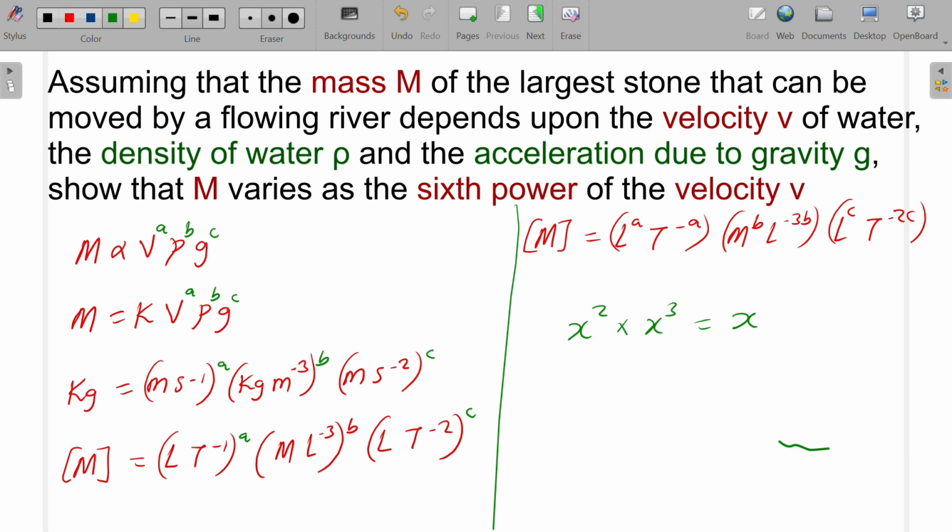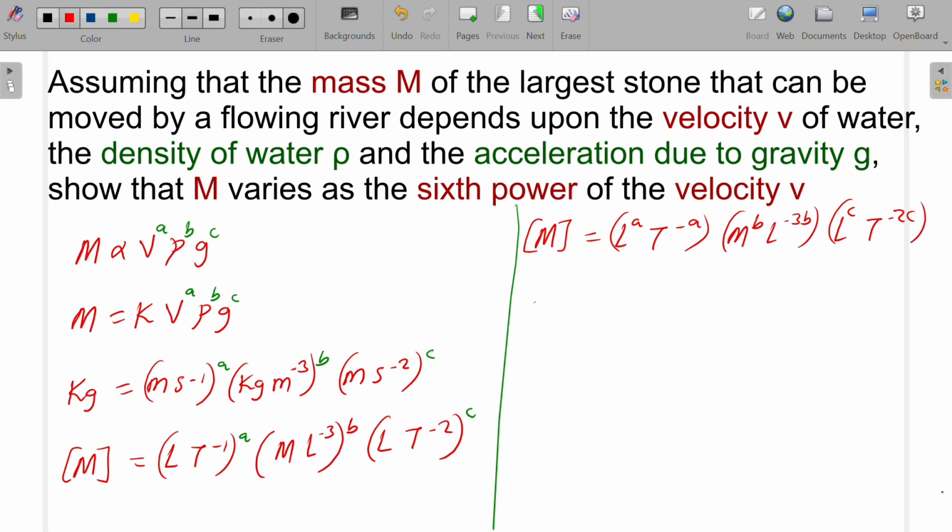We add our powers, meaning 2 added to 3, and our answer will be x to the power of 5. So this same concept is what we are going to use here. When like terms, the same bases, are multiplying, their powers will just add. So let's do that.